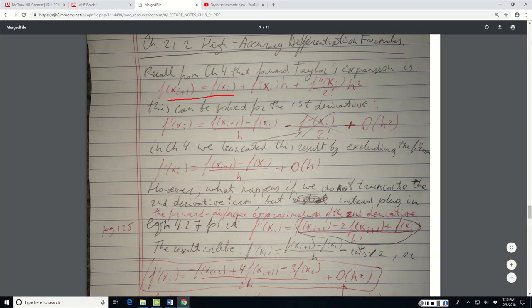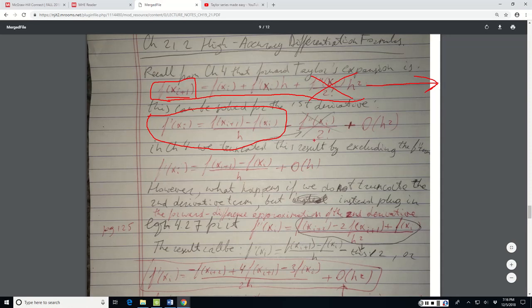Here's the forward Taylor expansion for evaluating the function at the forward neighbor, at xi plus 1. You can solve this by getting rid of the second order derivative if you truncate everything after that, right? You can solve this to give you this equation here. That's the one you know and love, the simple equation for a derivative.